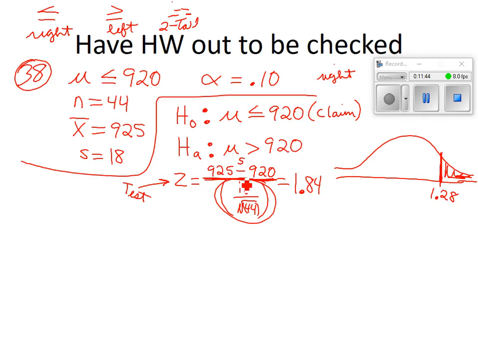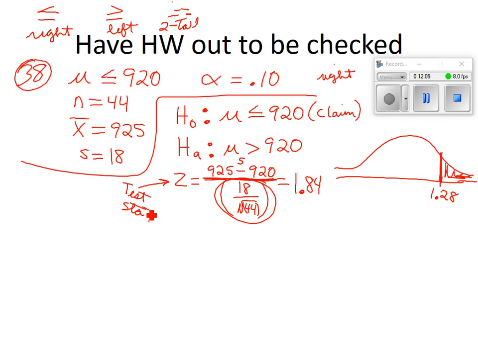We hit enter, and it looks like I get 1.842569, and so on. Then the next thing we do, once we have our test statistic, is look at our graph over here and decide where it falls.